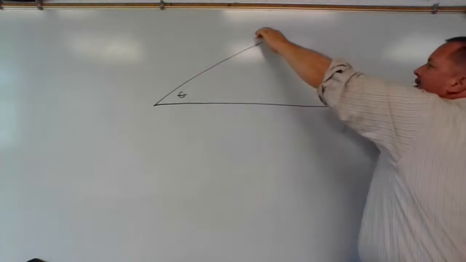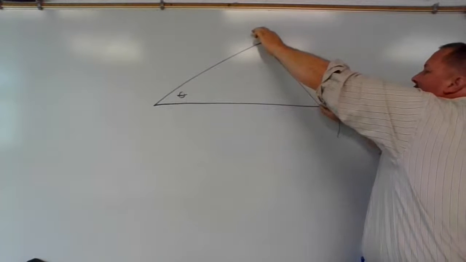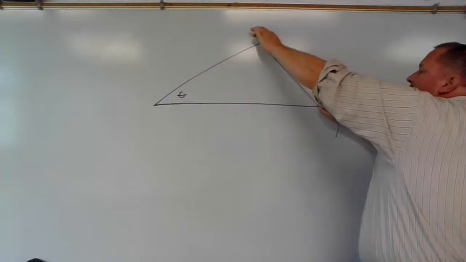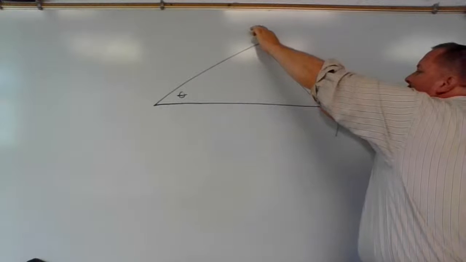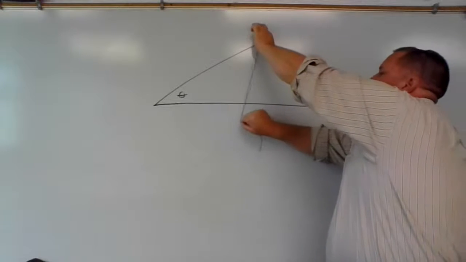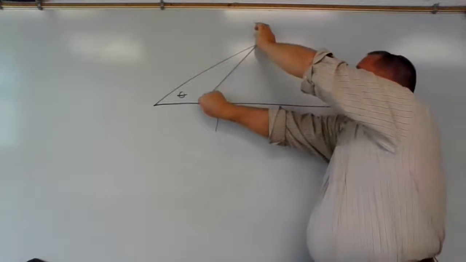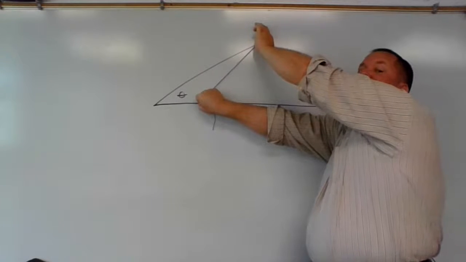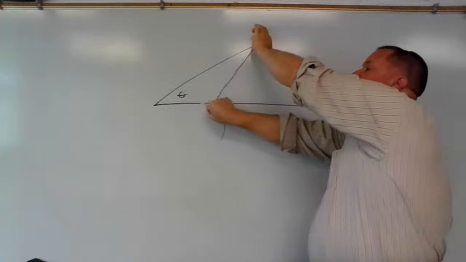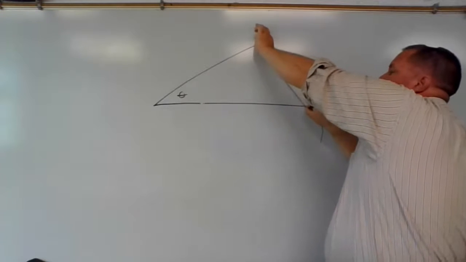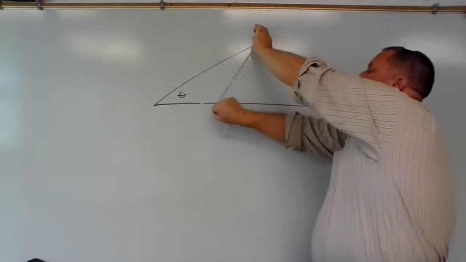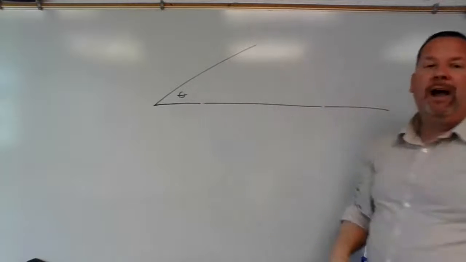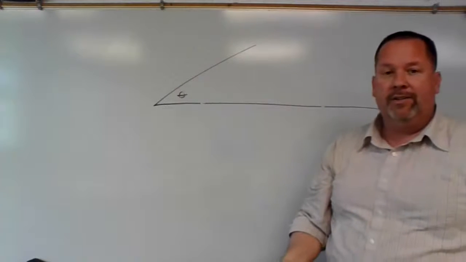But I want you to see this second side. I could take it and swing it over to here and touch it here, and I have another triangle. So it would work to have a triangle here, and it would work to have a triangle here. I could possibly have two different triangles.